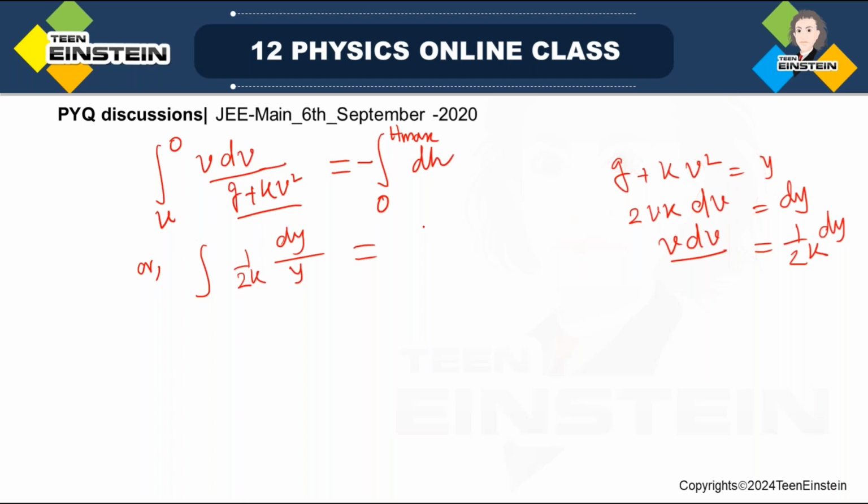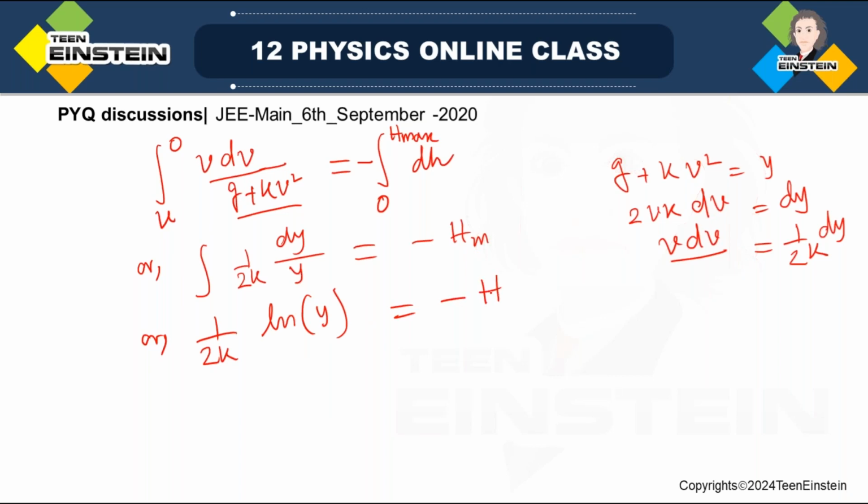And on the other side I get minus h max. See the limit here: if I put v is equal to 0, I'll get y is equal to g, and if I put v is equal to u, I'll get something, but I'm not putting the limits yet. Let me just write it this way first. So the integration is 1 by 2k ln y.